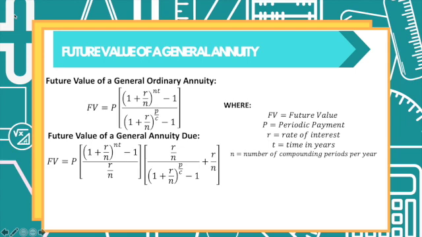In a general annuity, there are two additional variables. We have small letter p, which represents the number of months in a payment interval, and small letter c, which represents the number of months in a compounding period. So you have to be able to identify the values of these variables for you to use the formula.